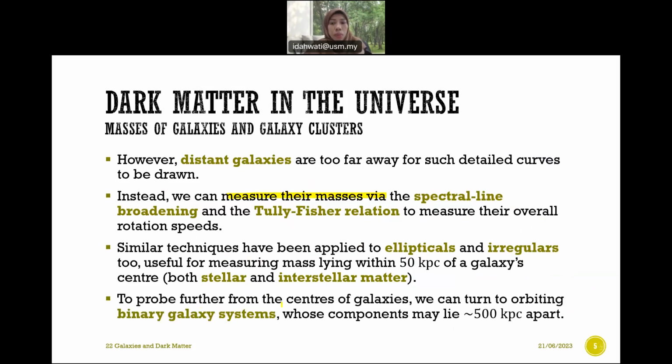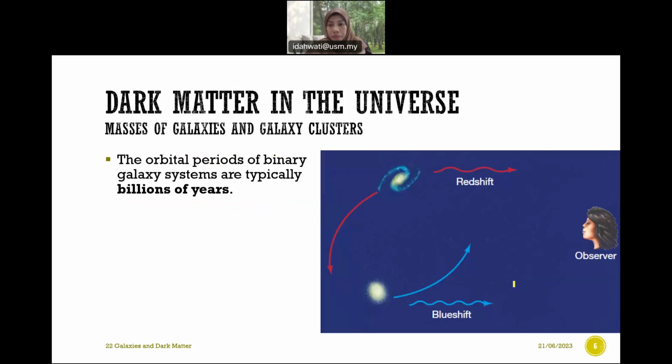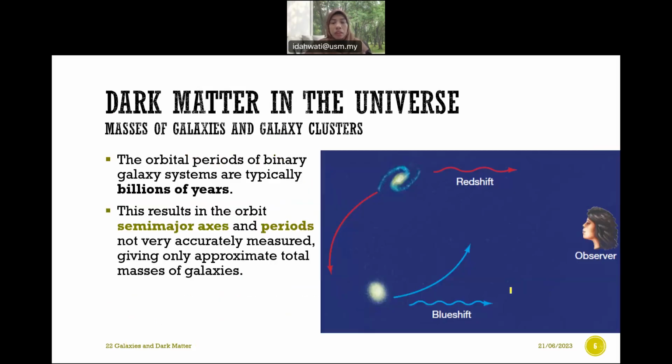Okay, so to probe further from the center of a galaxy, we can turn to orbiting binary galaxy systems. Here is the figure of the observer seeing the spiral galaxies, with the redshift and also the blueshift.